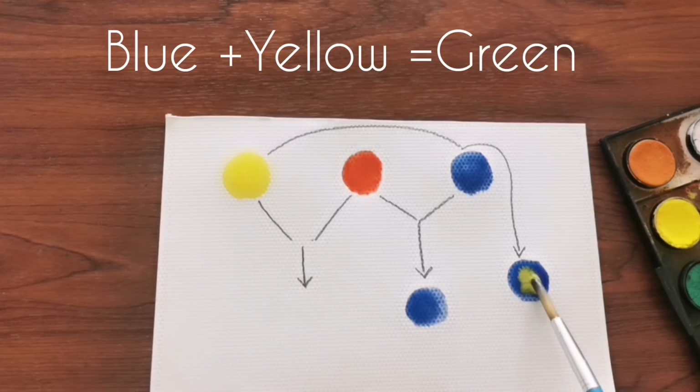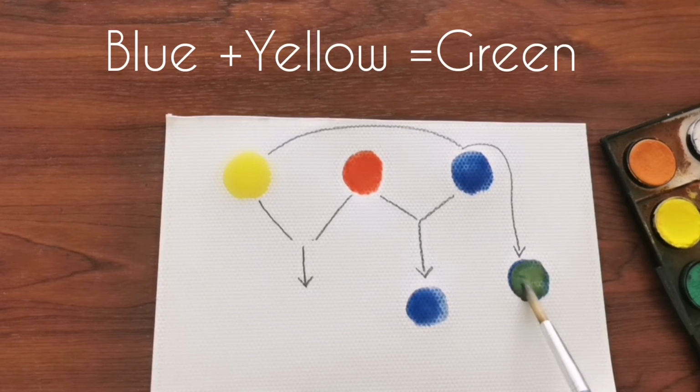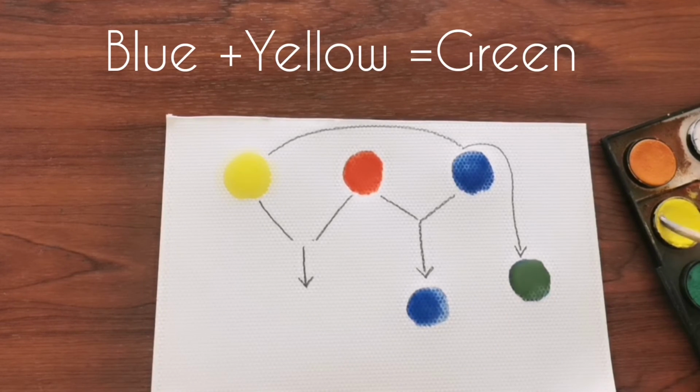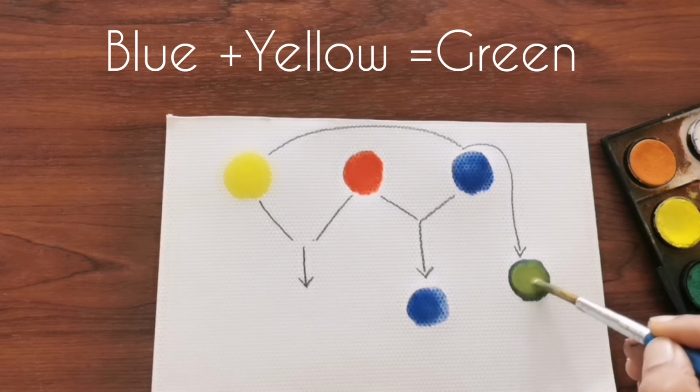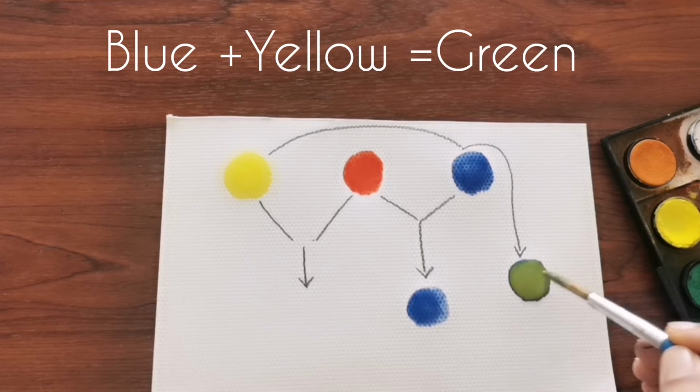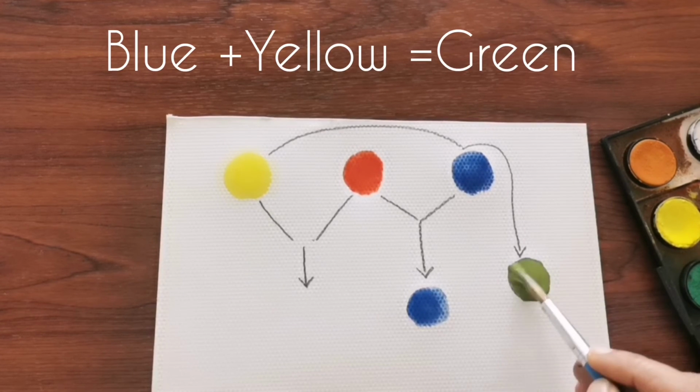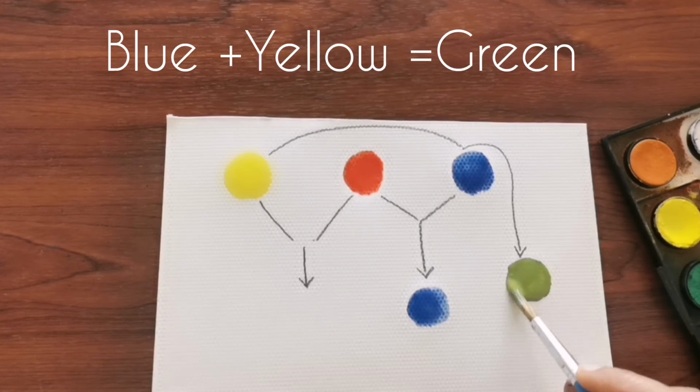If we mix this blue plus yellow properly, you will get a shade of green. So green is a secondary color. Mix properly and you will see that it's gradually turning to green.